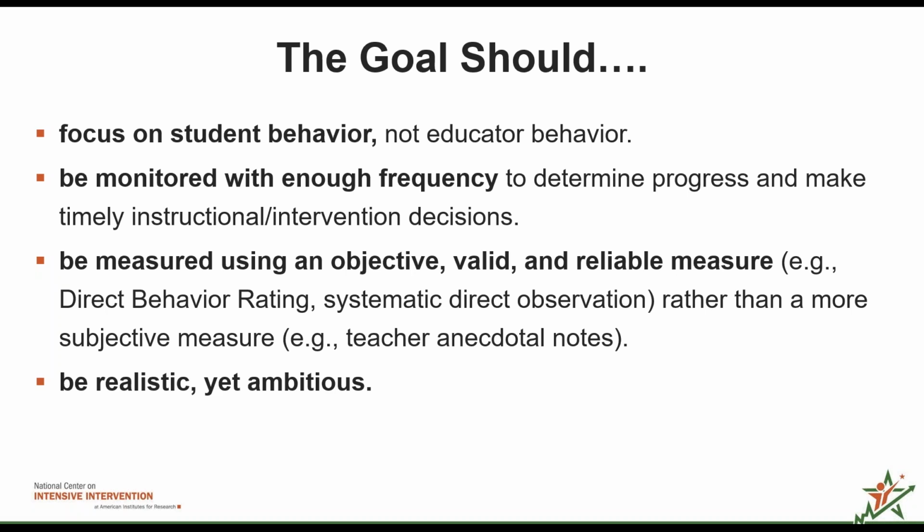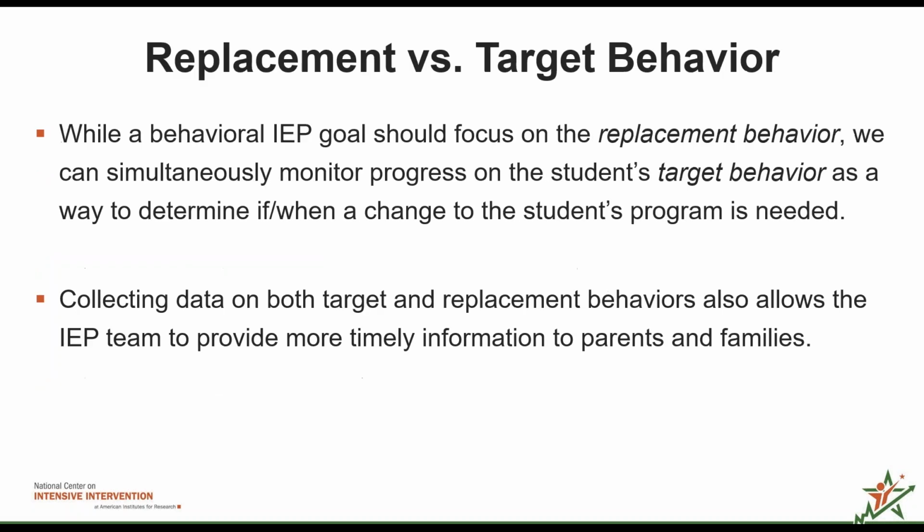We want to make sure that we're realistic in the student's performance given our present levels, the data that we have, all of the information that we know about that student, but still ambitious enough so that we can help them make sure that they're closing gaps both in academic performance as well as functional and behavioral performance.